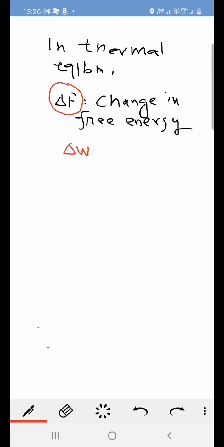And so this delta F should be equal to 0. It should vanish if we are talking about thermal equilibrium. So delta W should be much less than the total number of wrong atoms.